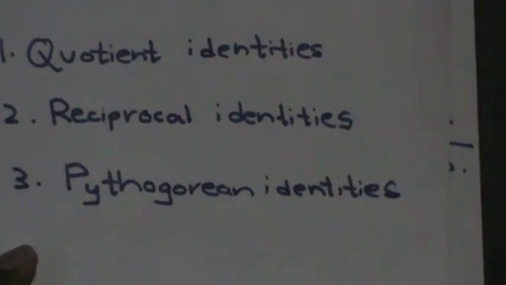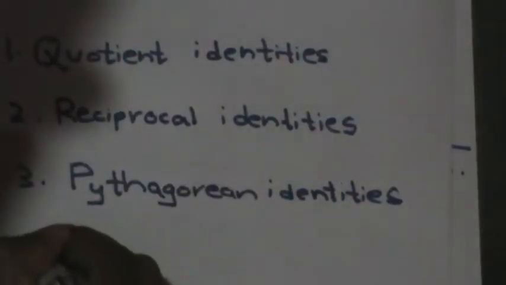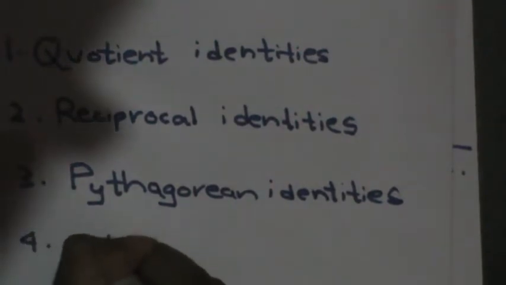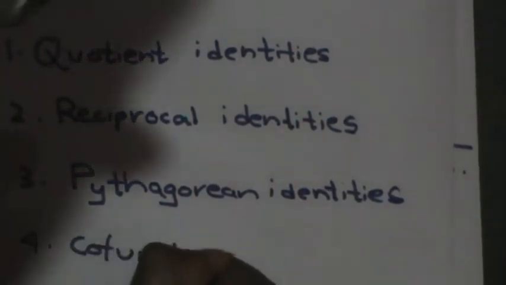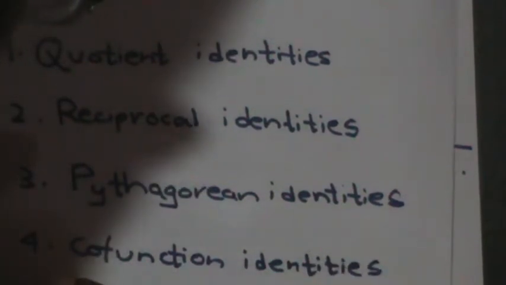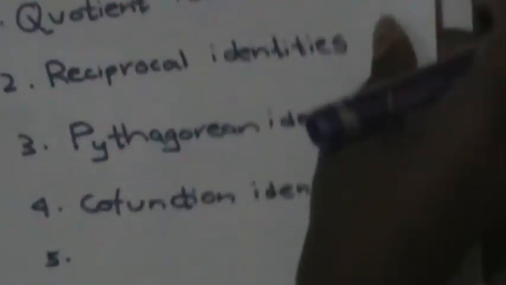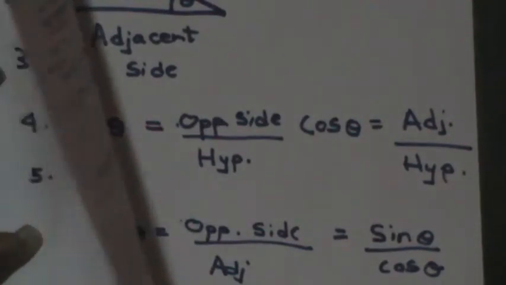And the fourth one are the co-function identities. Then the sum identities or addition formulas.